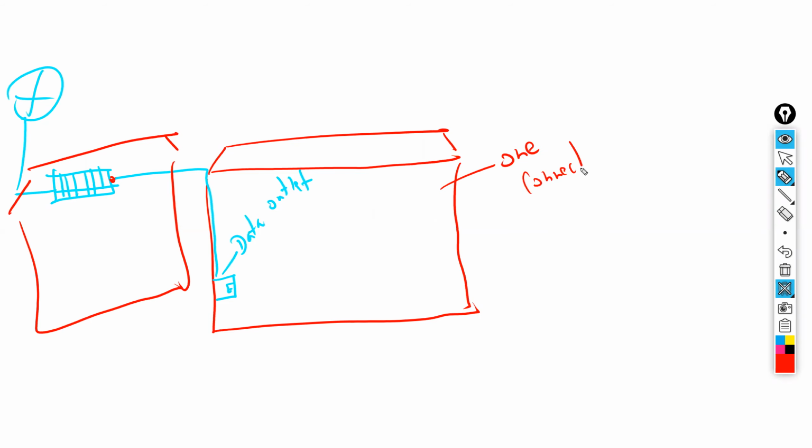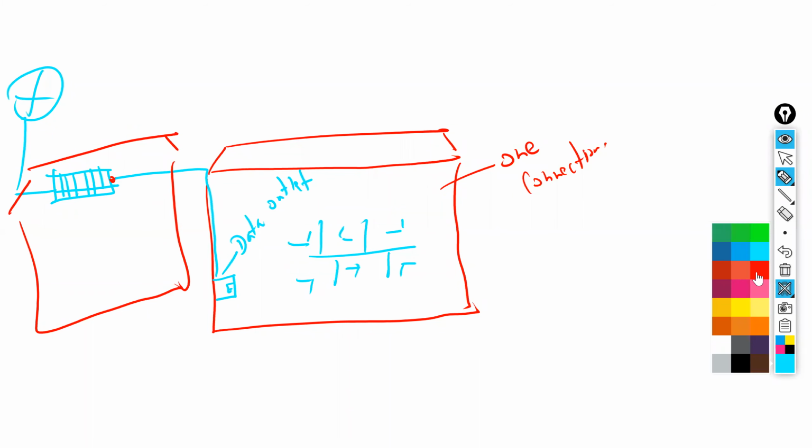But assuming that suddenly there are many cubicles, and people should work here. Then what will happen? They need internet connection, but only one port is there.